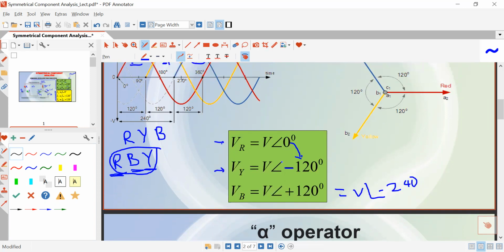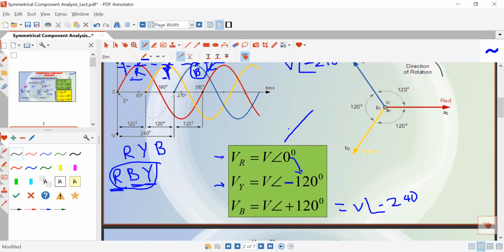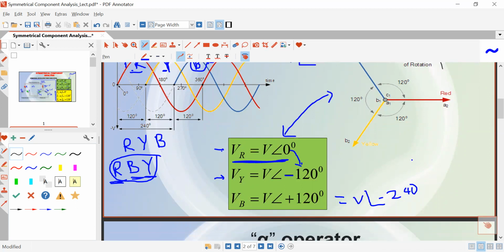And when you draw a phasor diagram from this mathematical expression of voltage, how can you draw it? First, you have to draw a vector for the reference phasor. You can draw the reference phasor in any direction, it is up to you, but first you have to draw it.